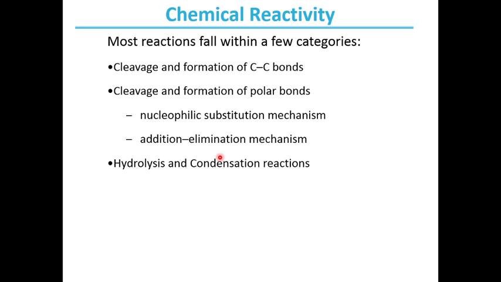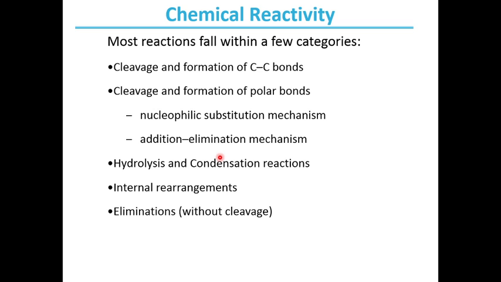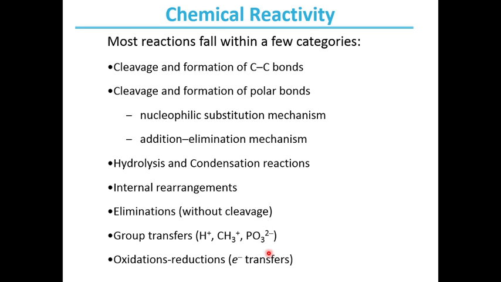Hydrolysis and condensation reactions, internal rearrangements, elimination without cleavage, group transfers such as transfer of a proton, a methyl, or a phosphate. Oxidation reactions or oxidation reductions, and this is a typical example of redox reactions wherein electron transfers happen.